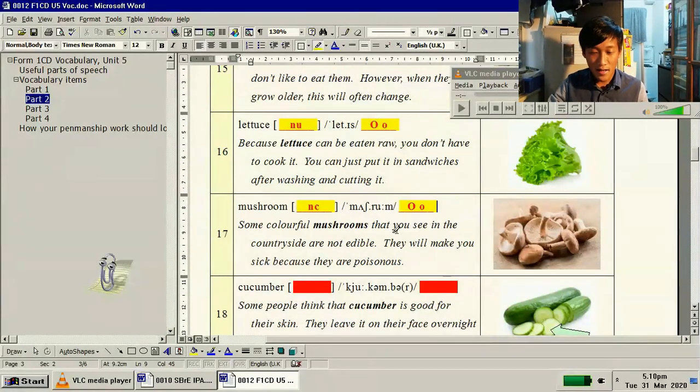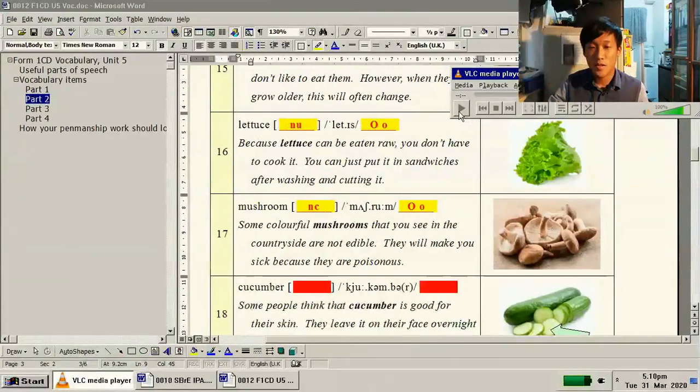Okay, let's practice reading. Mushroom. Some colorful mushrooms that you see in the countryside are not edible. They will make you sick because they are poisonous.